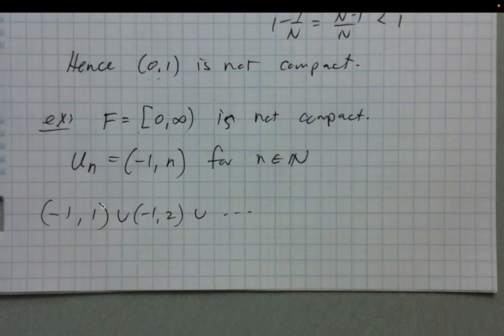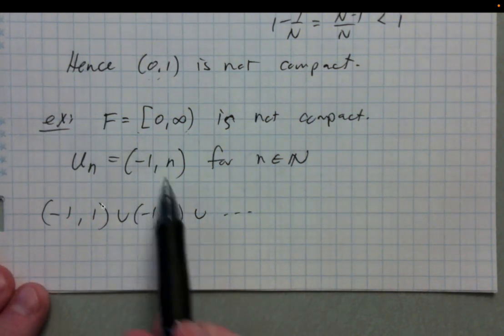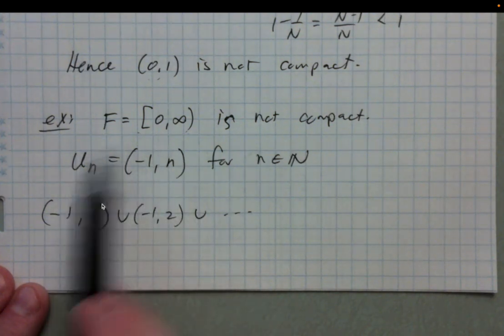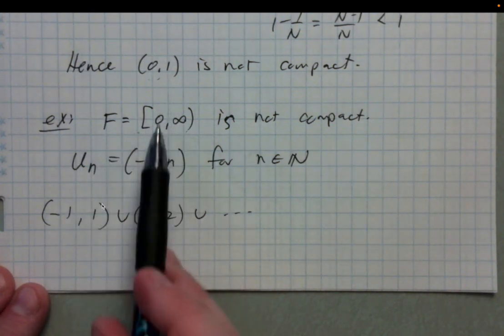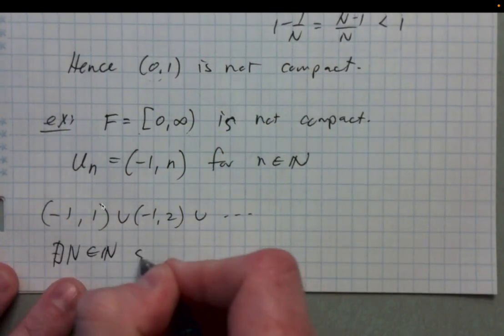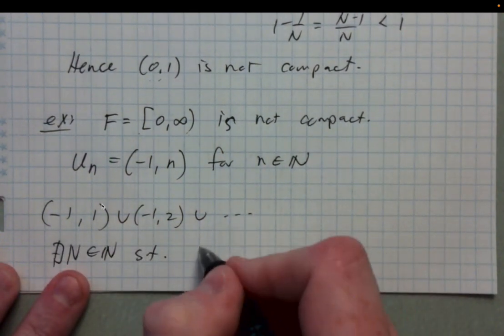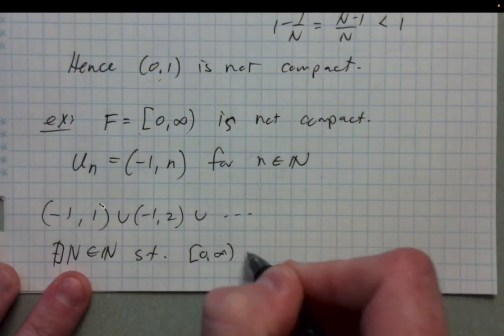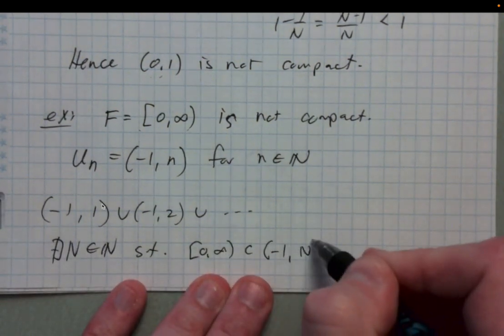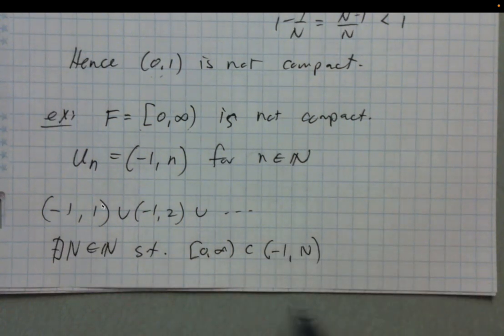Okay, but to say that I could find just an arbitrary finite collection of these that houses this is obviously absurd, right? There does not exist n in the natural numbers such that [0, infinity) is contained in (-1, n), for obvious reasons, right?